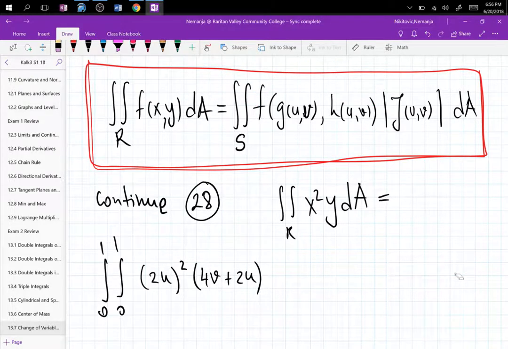The next order of business is to compute the Jacobian.